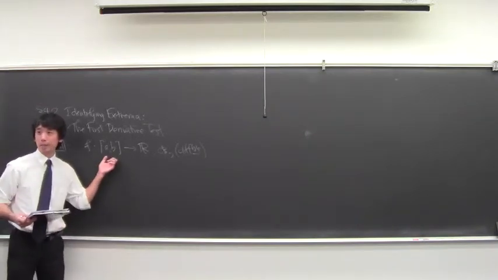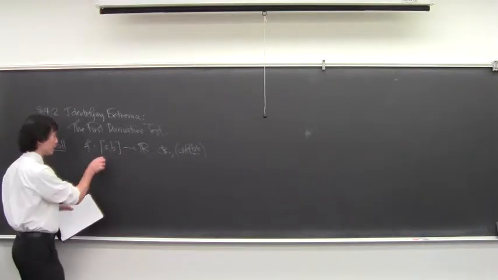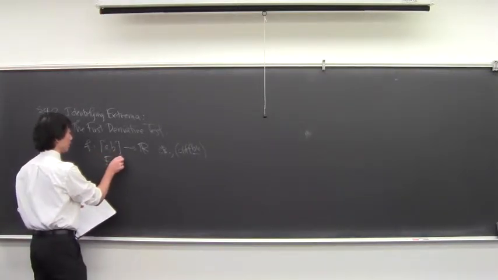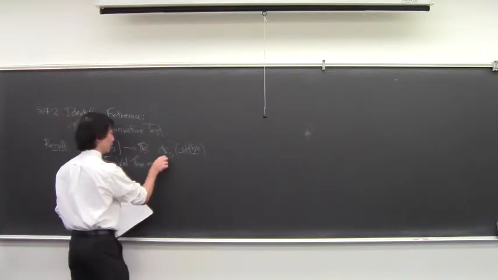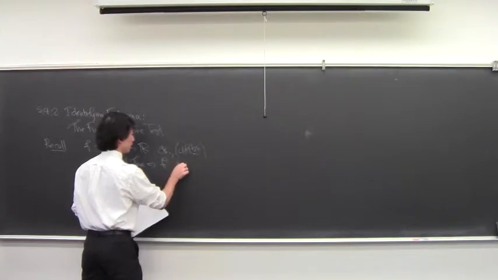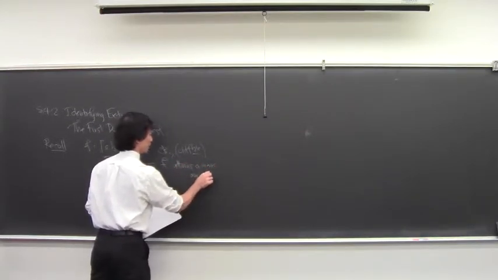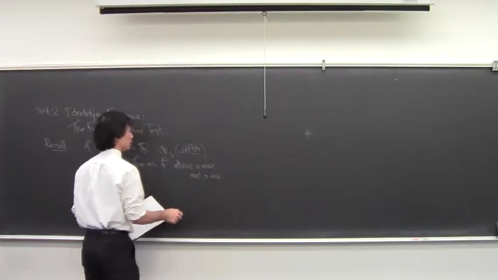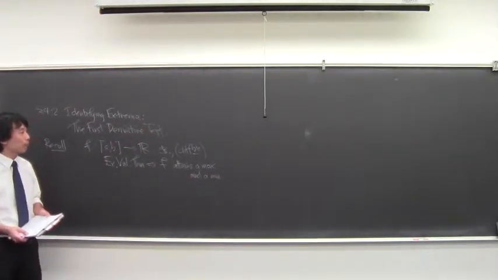We actually know that this function has extrema, right? The extreme value theorem says that f attains a max and a min, right? F attains a max and a min.